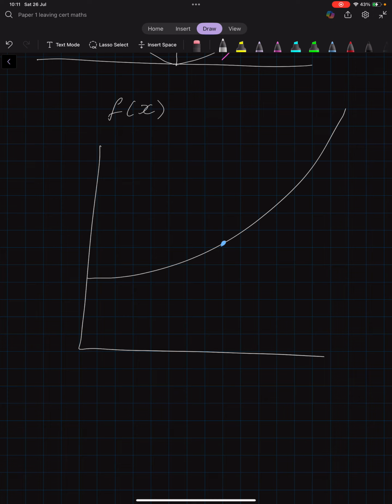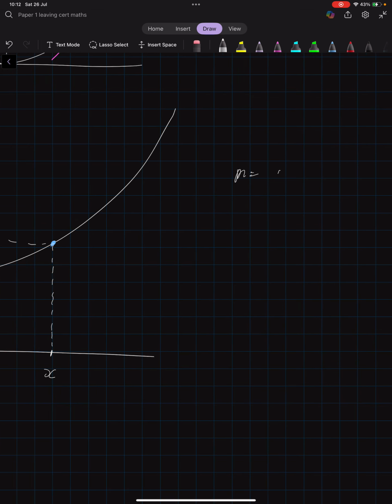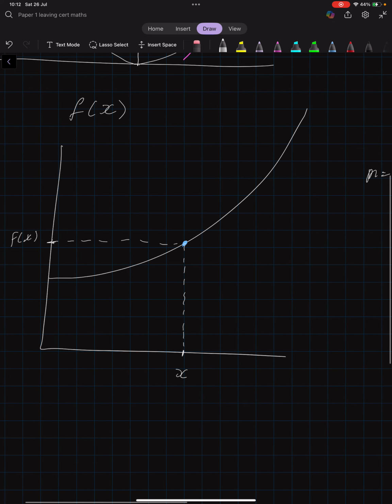I'm just going to do the basic idea of what I want to do. Let's say this is an x value of x, at a height of f of x. I'm using the slope, and slope is just rise over run. So m is just rise over run. I need to pick two points, say that point and this point.